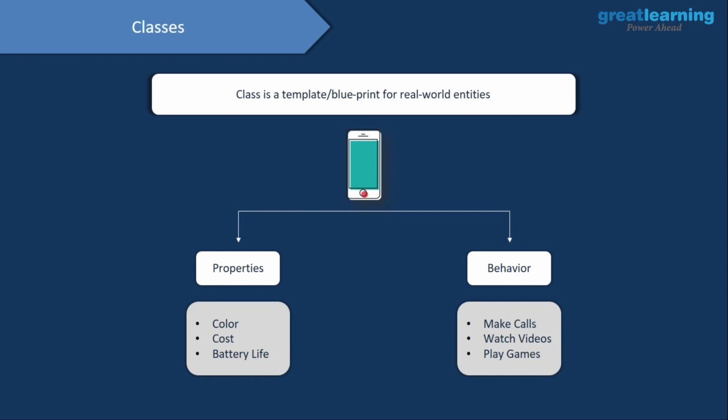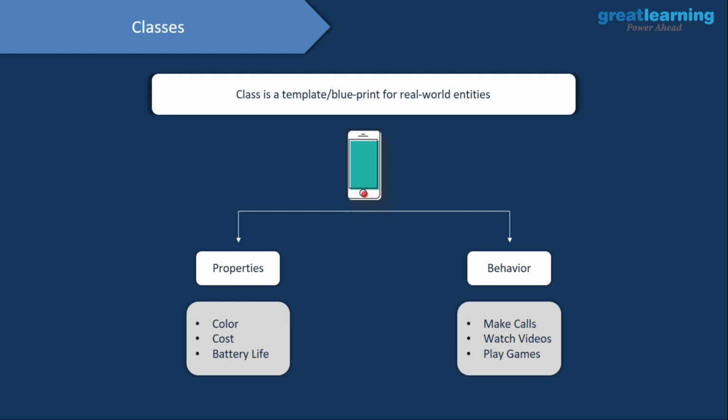Let's take the example of a phone. A phone has two things associated with it: some properties and certain behavior. When I say properties, the phone will have a color, a cost, and a certain battery life associated with it.